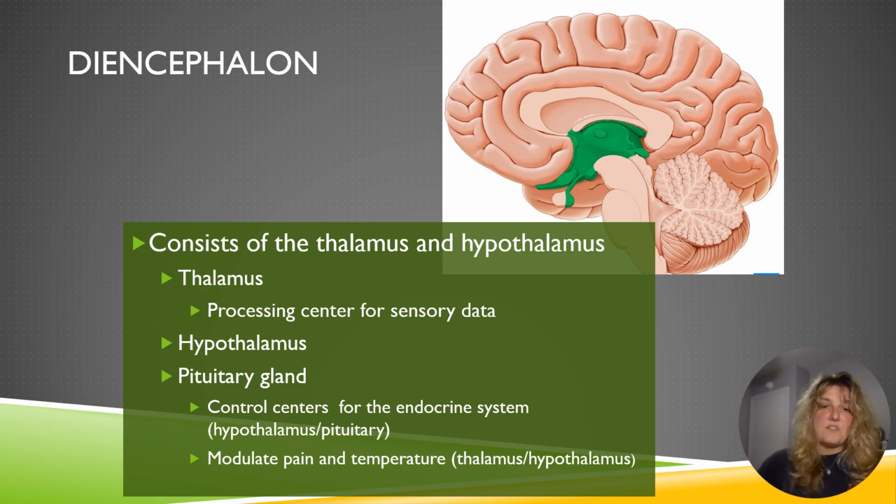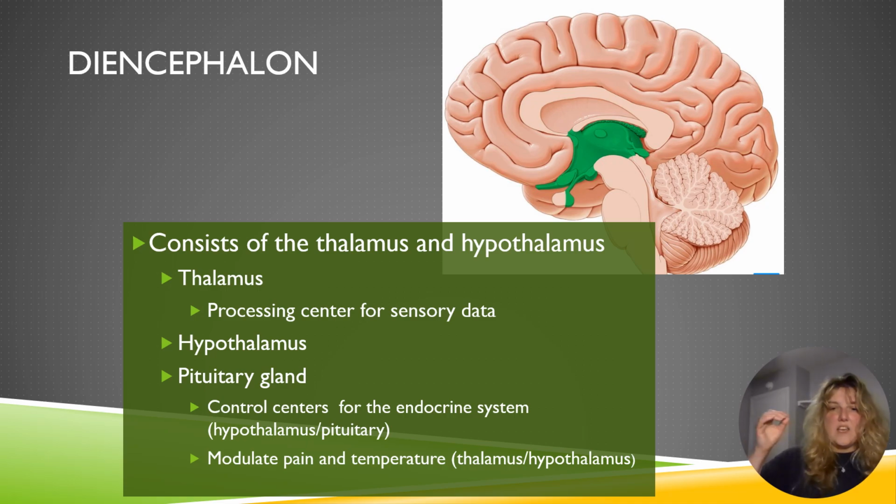Now, the diencephalon is comprised of both the thalamus and the hypothalamus. And your thalamus is really your processing center for your sensory data. Your hypothalamus is really closely connected with the pituitary gland. And the pituitary gland is like your master control center for the endocrine system.